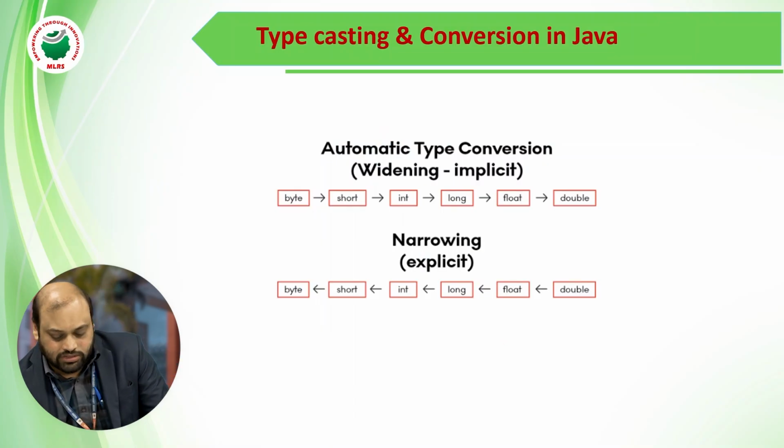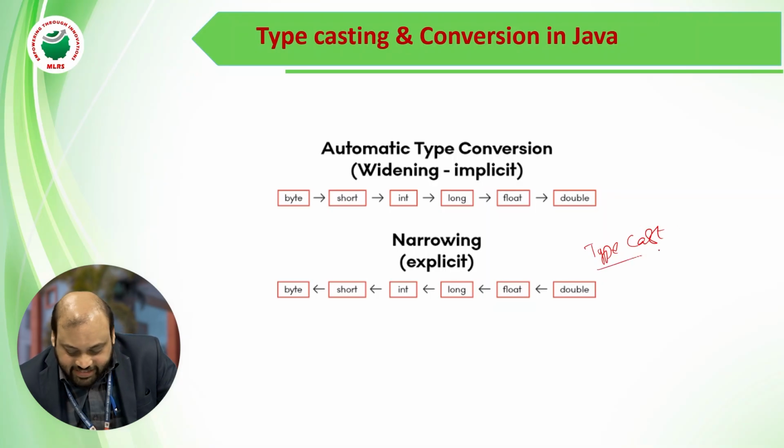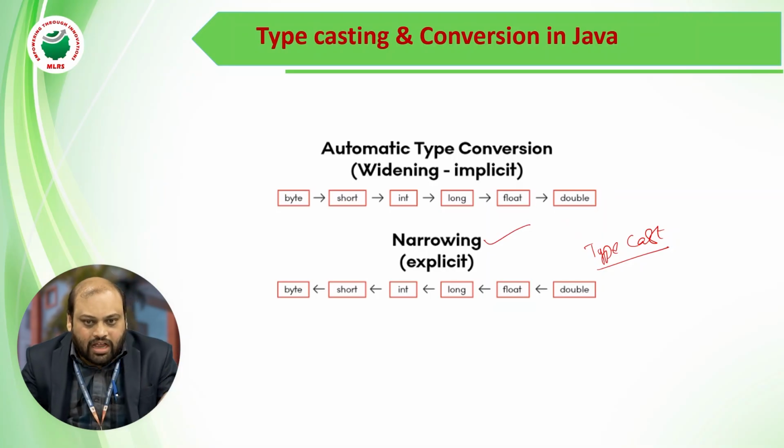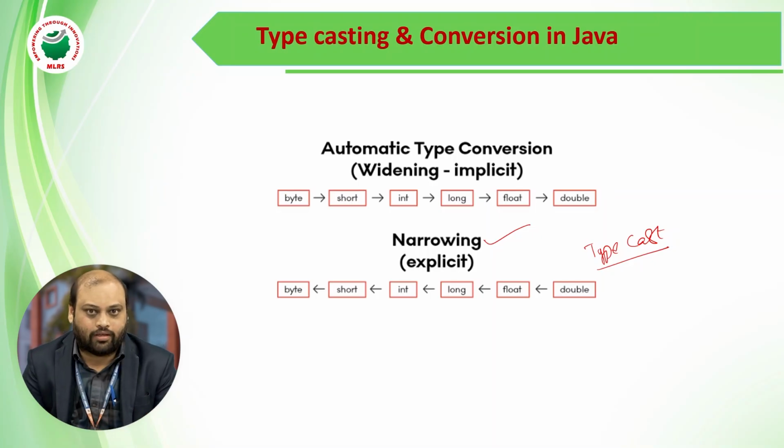So this type conversion is called typecasting. Typecasting is nothing but explicit type conversion, also called narrowing. Here we take the largest one and compress it, so that is why we call it narrowing.